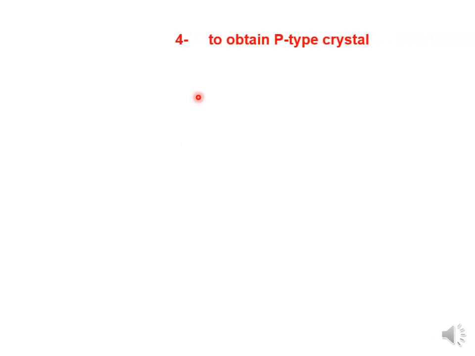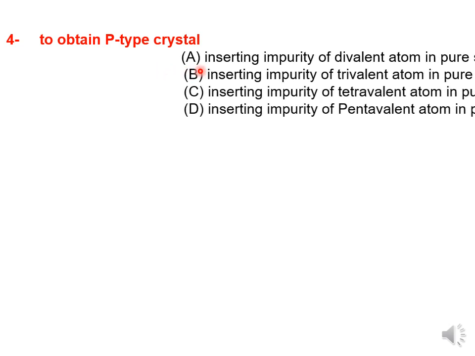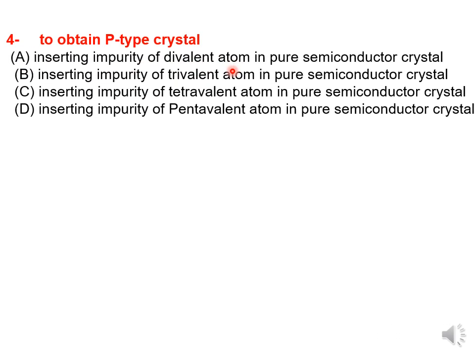أول سؤال بيقول to obtain P-type crystal. أنا عايز P-type crystal، أعمل إيه؟ Inserting impurity of divalent atom in pure semiconductor crystal؟ لأ.